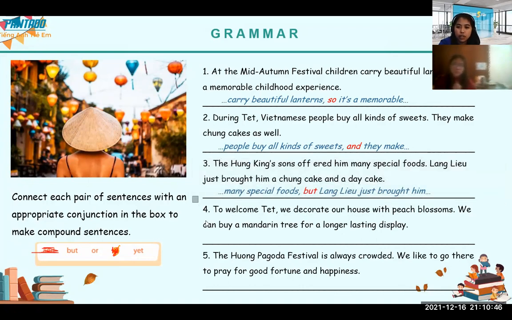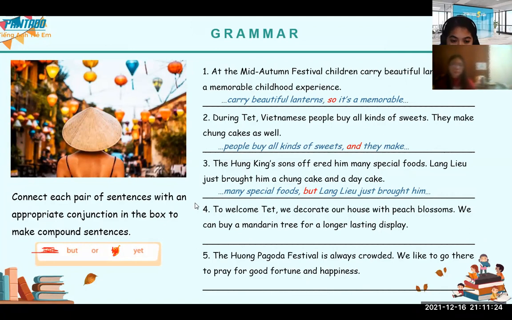Very good, Ngok. For number 4, can you please read number 4? To welcome Tet, we decorate our house with peach blossoms, we can buy a mandarin tree for a longer lasting display. Okay, very good.